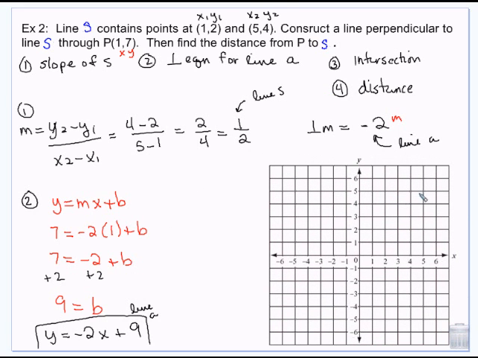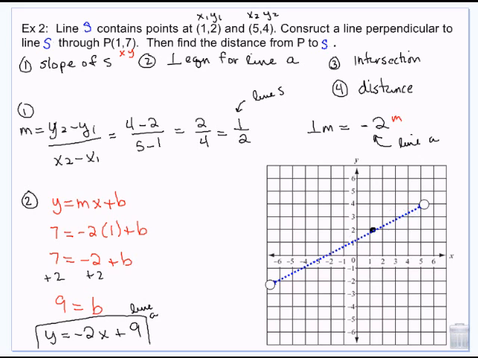All right, I've got 1, 2, and 5, 4. See what I mean about not drawing it quite right?